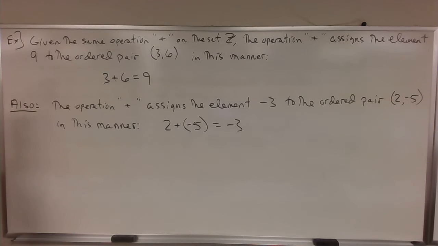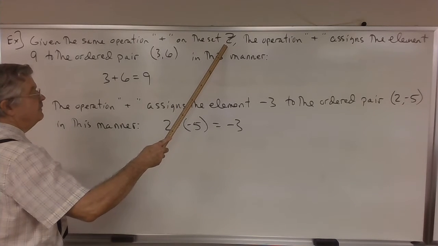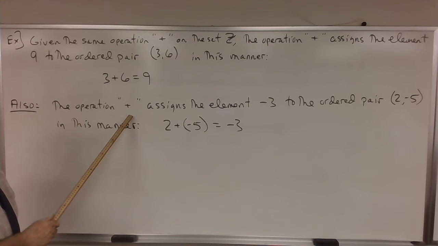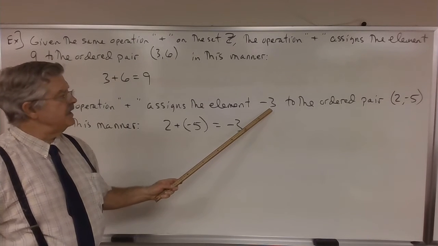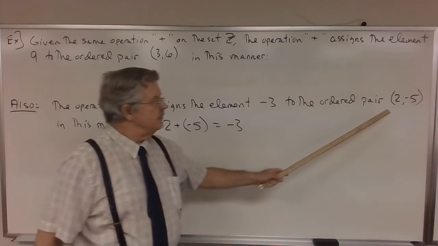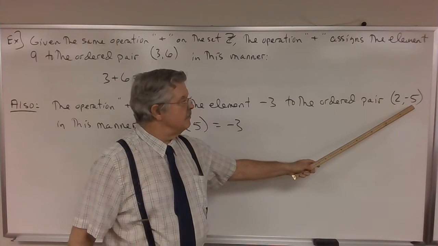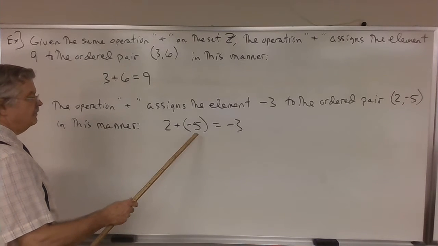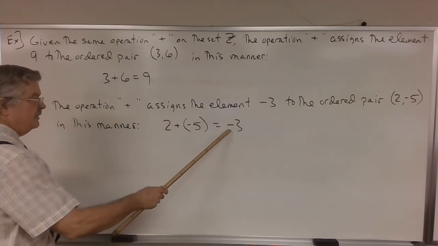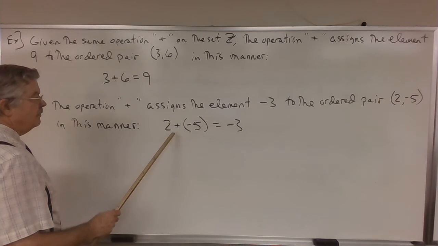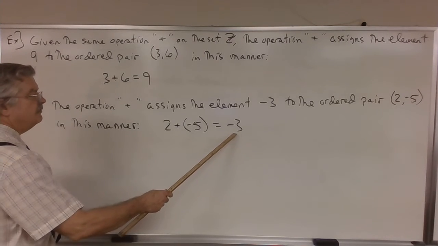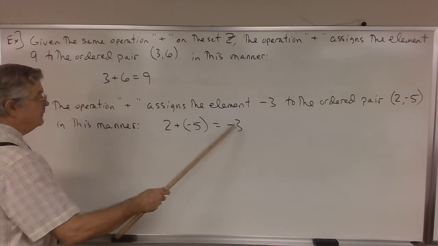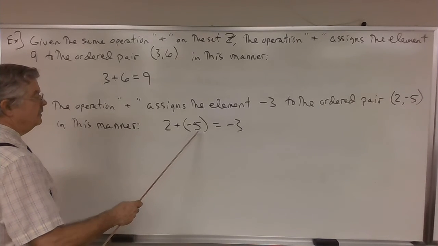And one other example, we're still talking about the operation plus and the set Z of integers. The operation plus assigns the element negative 3 to the ordered pair 2, negative 5 in this manner. 2 plus negative 5 is equal to negative 3. So the operation plus assigns the element negative 3 to the ordered pair 2, negative 5.